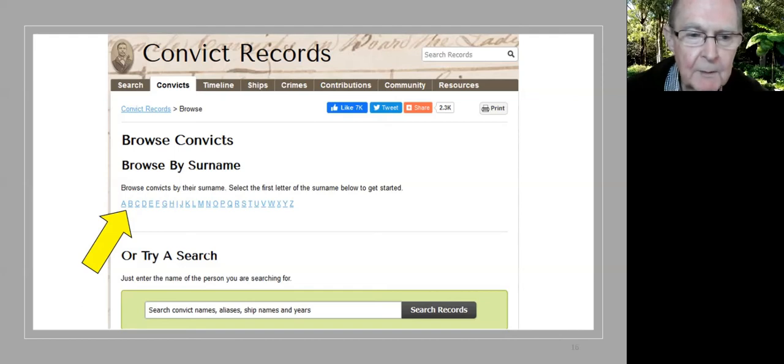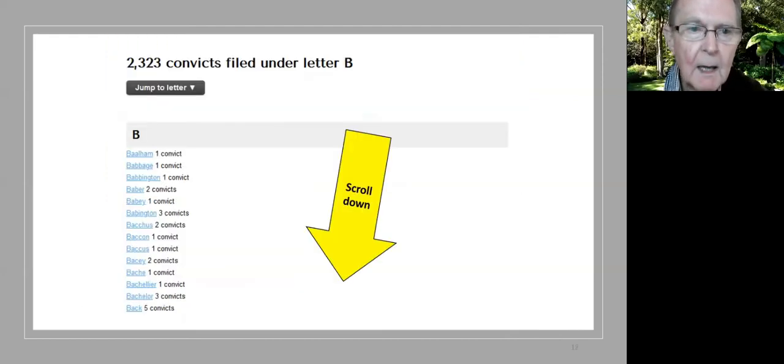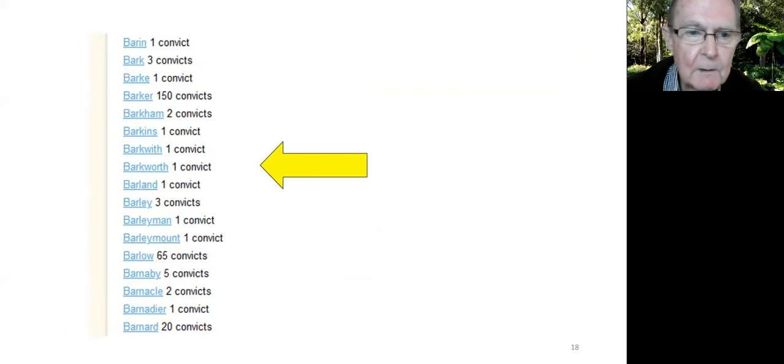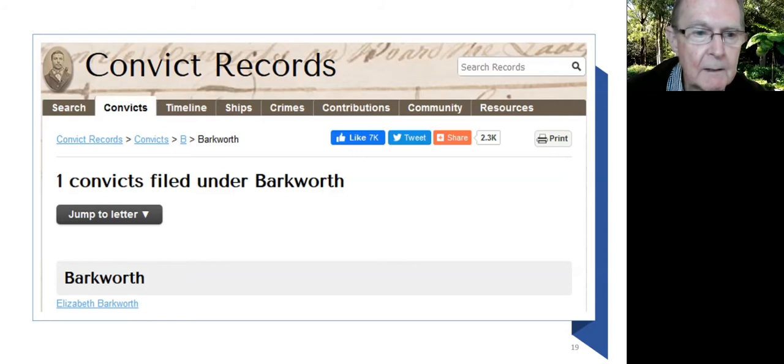So we click on the B and we get all of the convicts whose names start with B. There are 2,323 of them altogether under the letter B. So we scroll down the list until we find Barkworth, and we see that there is only one convict with the name Barkworth. We click on that and we get Elizabeth Barkworth, which is who we're looking for.